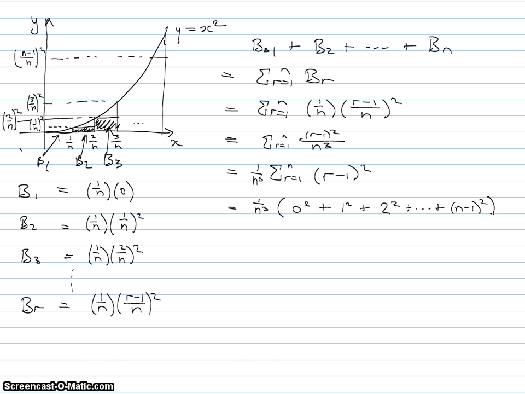So we could write this as the sum from r equals 1 to n of r minus 1 squared, or we could also write this as the sum from k equals 0 to n minus 1 of k squared. You can see how these two are exactly the same. They both describe this exact summation.